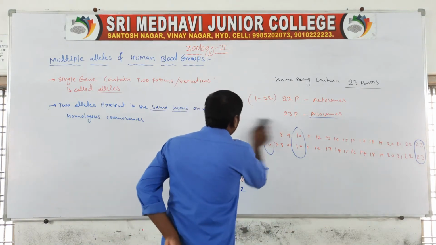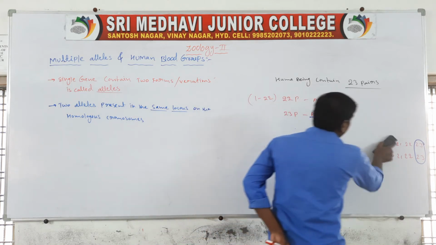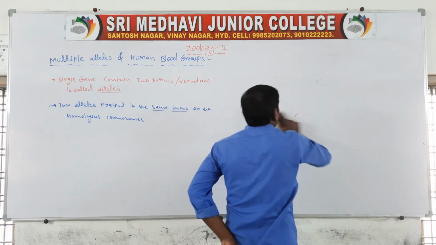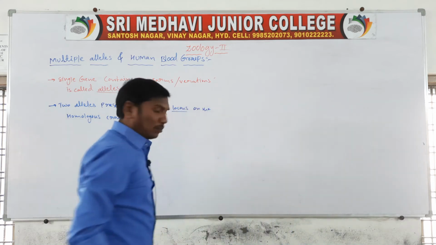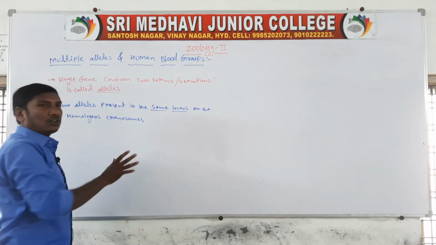The two alleles of the gene are present at the same locus on the homologous chromosomes.